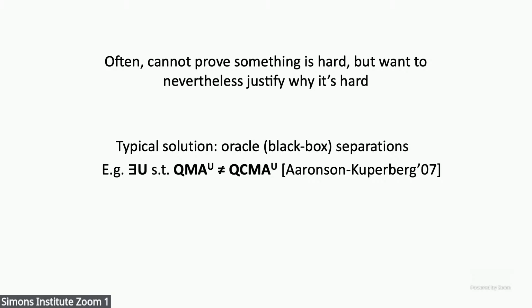And the typical solution is to use an oracle separation or black box separation. A famous example from the quantum space is that Aaronson and Kuperberg showed that QMA and QCMA are different relative to a particular unitary oracle U.